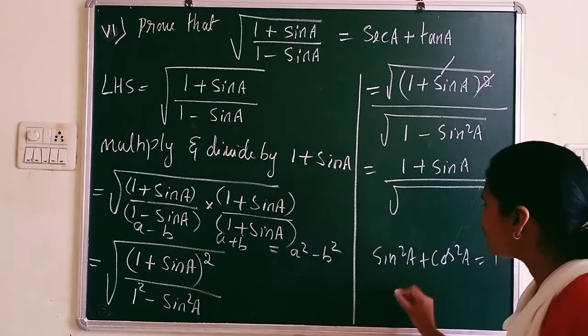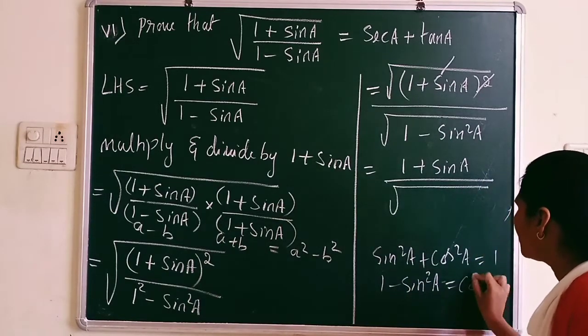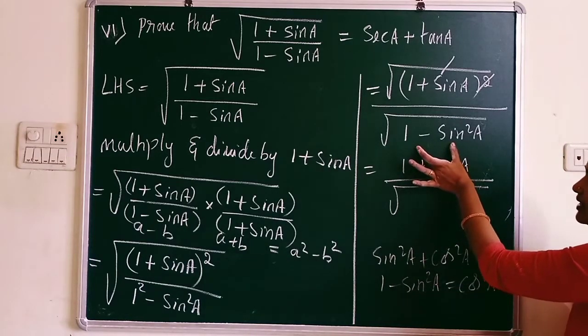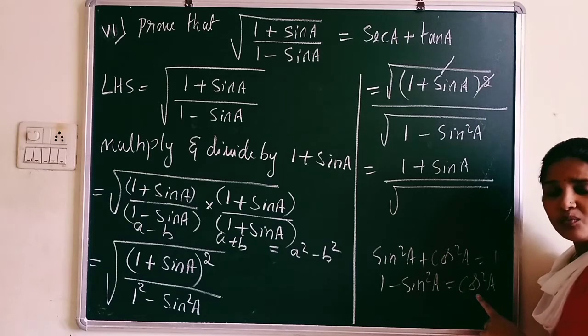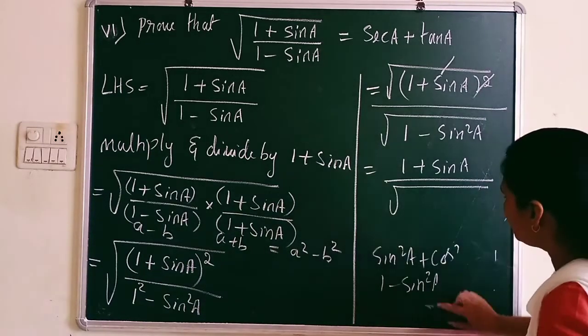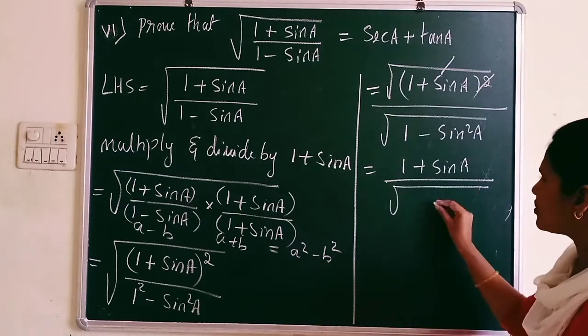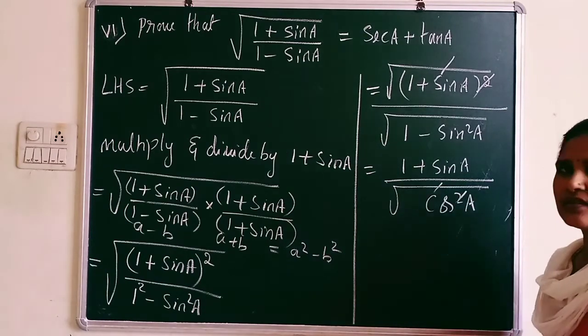When I write this in the form 1 minus sin square A, it equals cos square A. You can observe now that in place of 1 minus sin square A, I can replace it by cos square A. Why should I replace? To cancel the root. So now let us replace 1 minus sin square A as cos square A. Now you can see the square and root get cancelled.